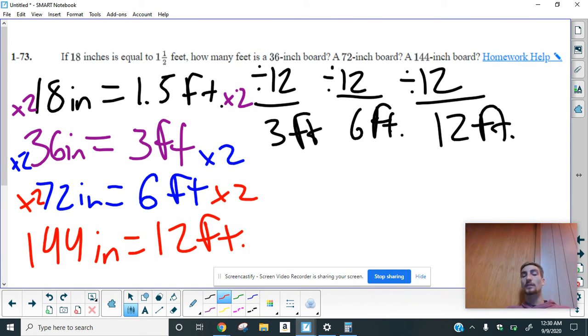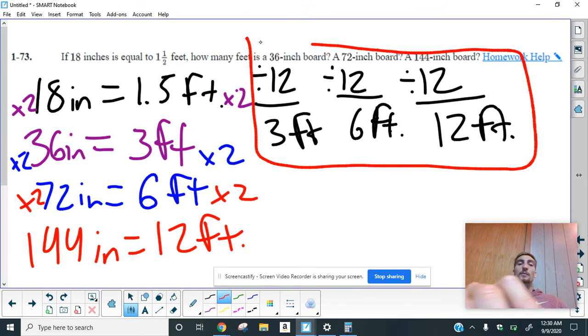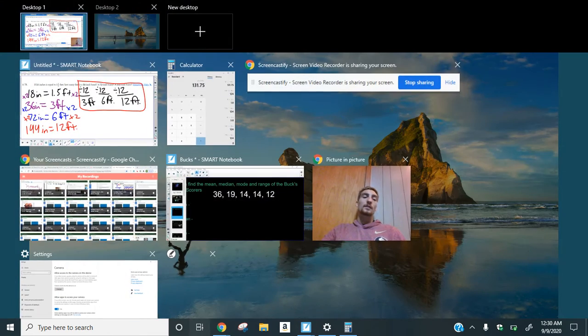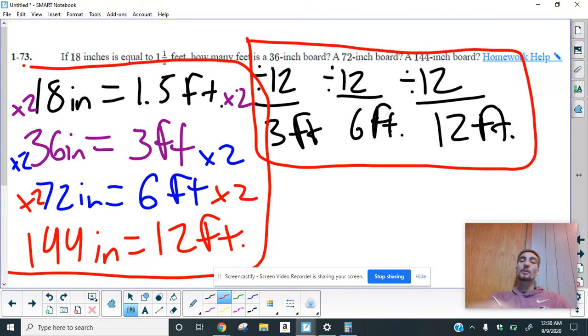And that's another way you can solve it. But here we use patterns rather than what we just know about feet and inches. So whether you use these formulas to figure that out, or looking at the pattern to figure it out, either way works.